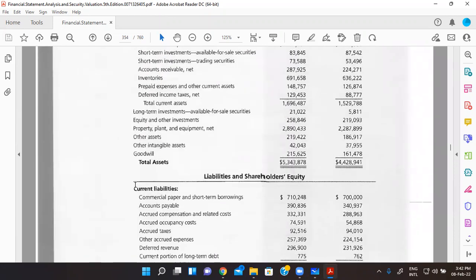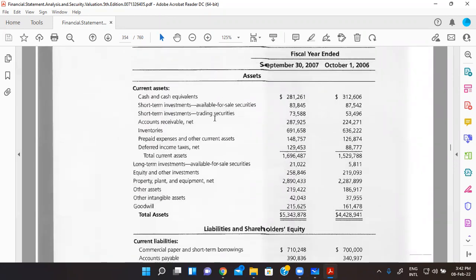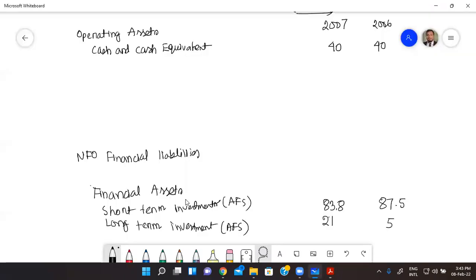What amount is it? The short-term investment, trading securities, is 73.6 in 2007 and 53.5 in 2006. So I believe you have got the motive why we are using it here.